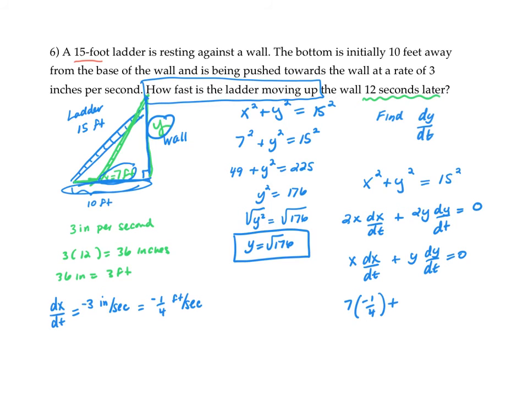So to that we're going to add y dy/dt. So y we solved for over here, and it's equal to the square root of 176, and then we have dy/dt. Okay, all we have left to do is solve for dy/dt. So it'd be negative 7/4 plus the square root of 176 dy/dt equals 0.